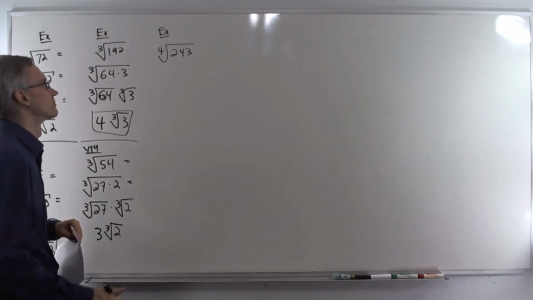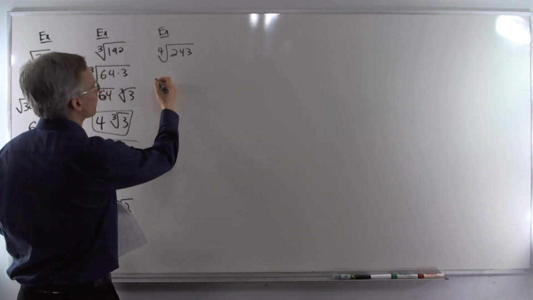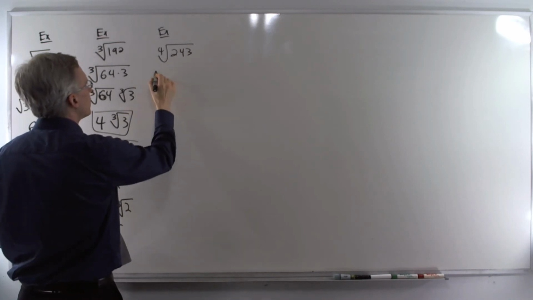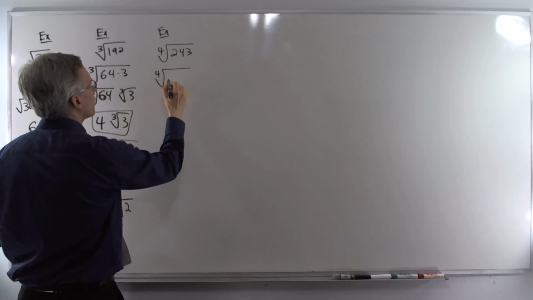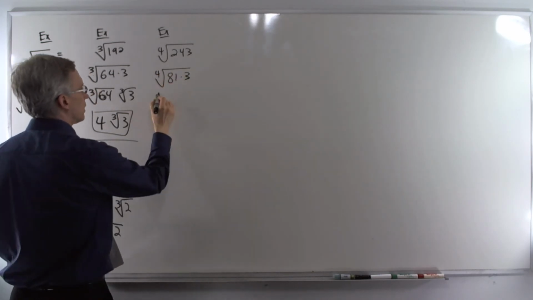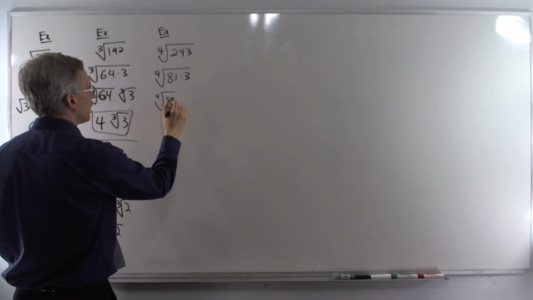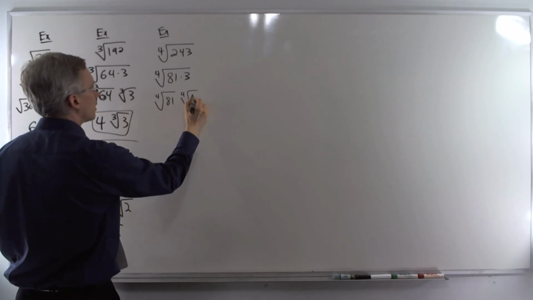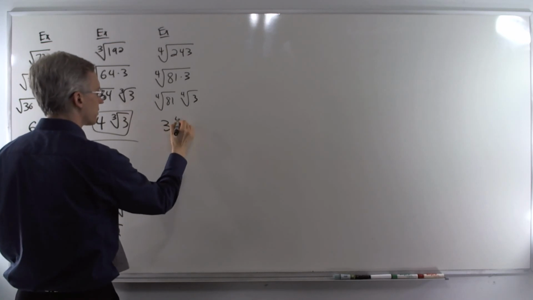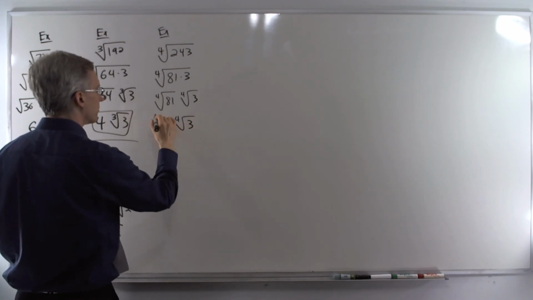I call them quads. Numbers to the 4th power. So we can break this up into the 4th root of 81 times 3. And use the product rule. 4th root of 81 is 3, so we get 3 times the 4th root of 3.